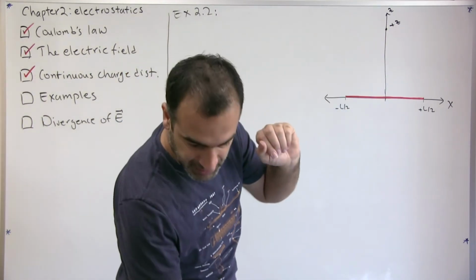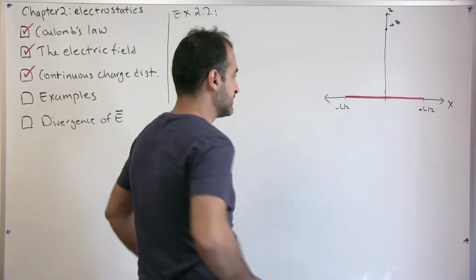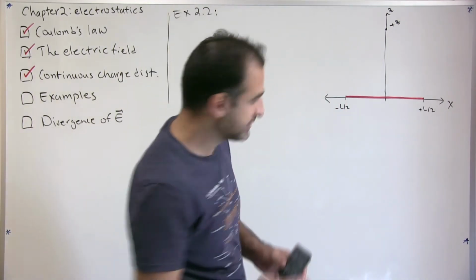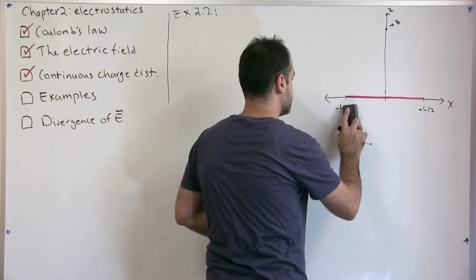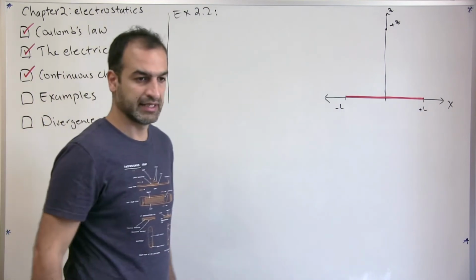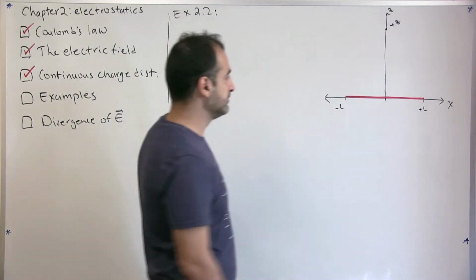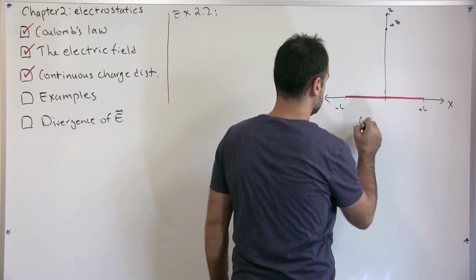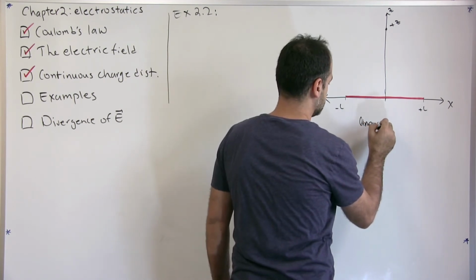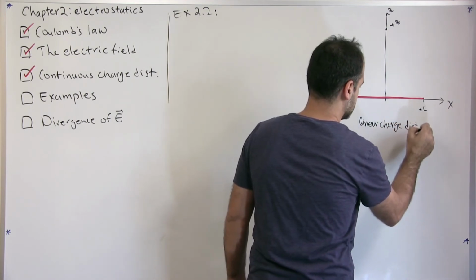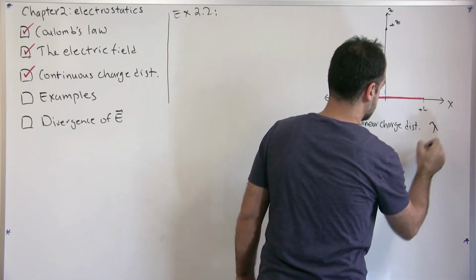And the information is that, just to make things very similar to the book, the charge distribution is from minus L to L, so a distance of 2L. And the linear charge density is constant over this length, and that is lambda.